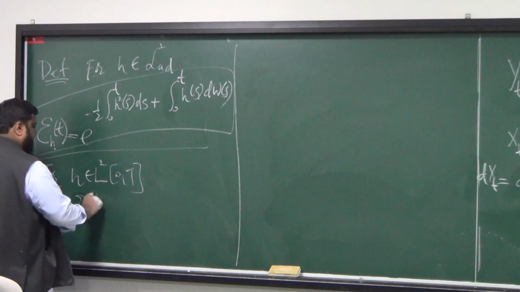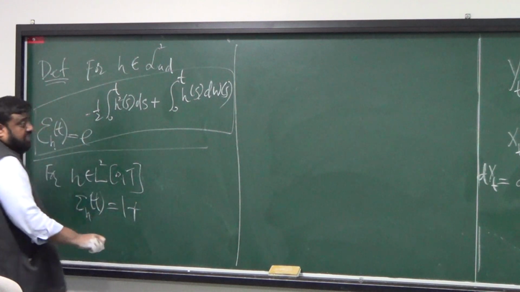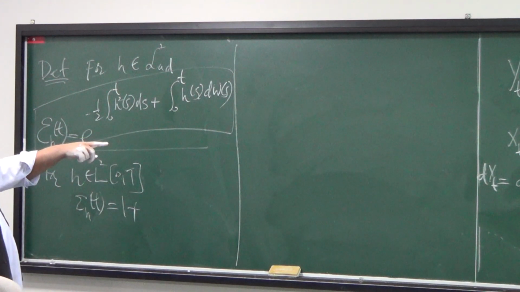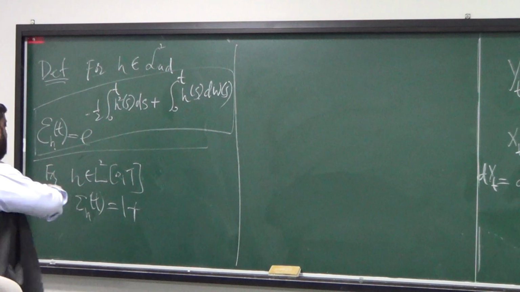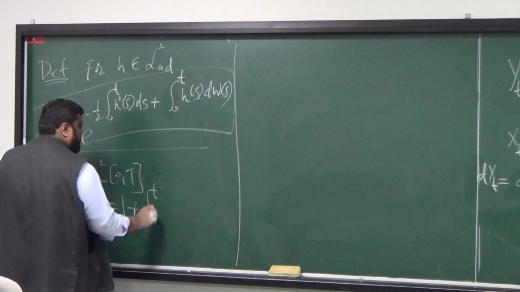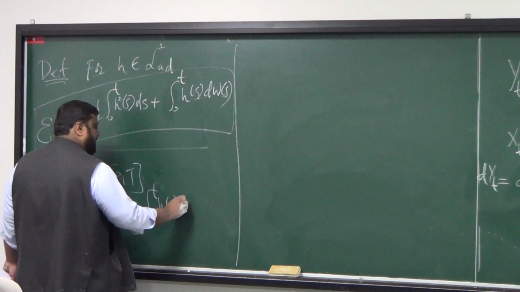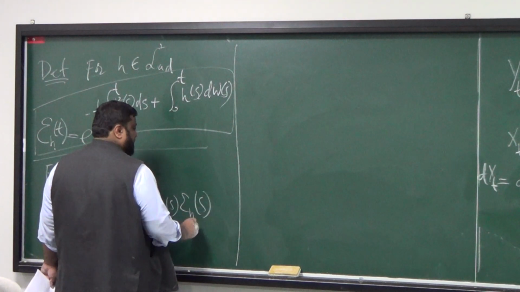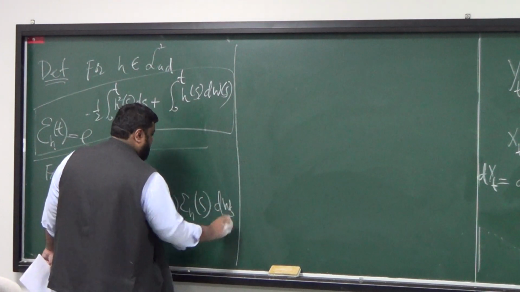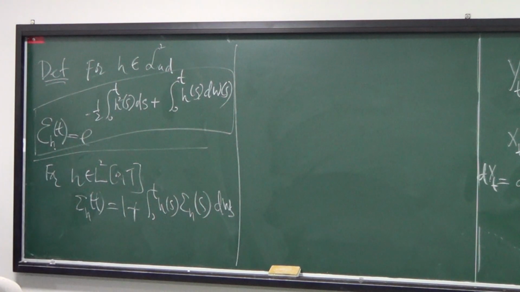Exponential xi_h of t is going to be 1 plus, if I rewrite the last expression that I have written, the integral from 0 to t of h of s times the exponential process dW_s, and this will satisfy this definition. And what does this show? That this is a martingale.